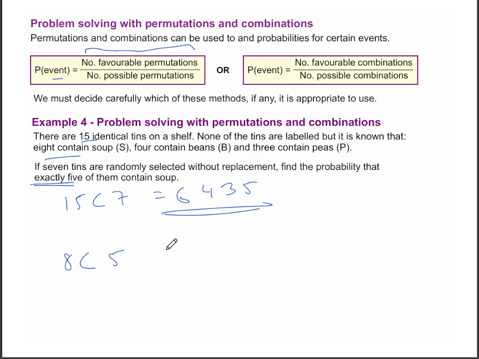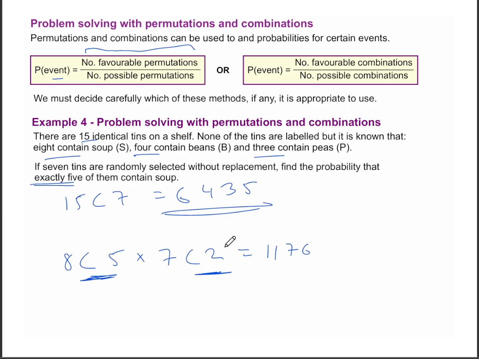Therefore, I have to have 2 from the possible 7 that don't contain soup. And because we want these happening at the same time, we will multiply the two. This will give us 1,176 selections where there will be exactly 5 tins with soup and exactly 2 tins that don't have soup, so either beans or peas.